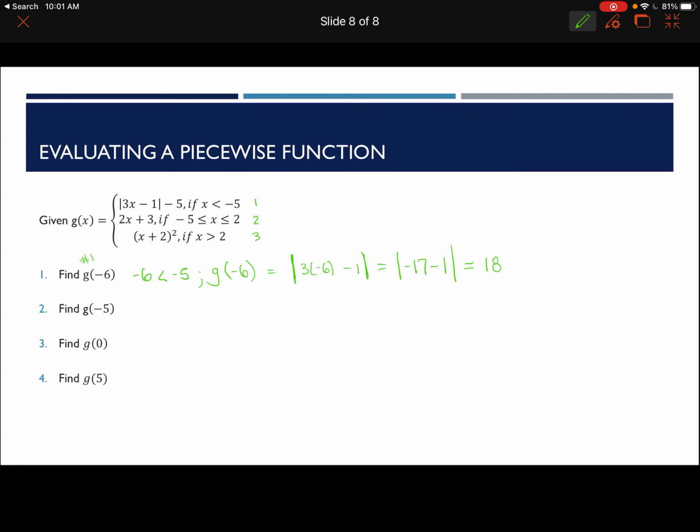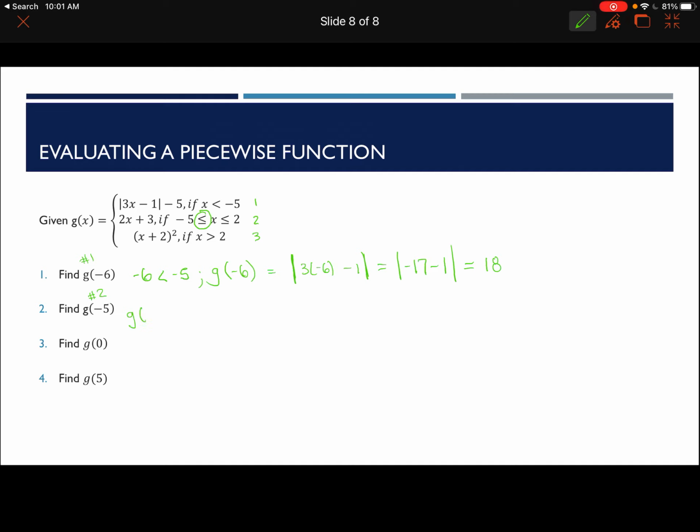So then for -5, -5 is going to fit the second equation. And that's because we have this equal bar on the -5. X can be greater than or equal to -5. So we want to use equation number 2.